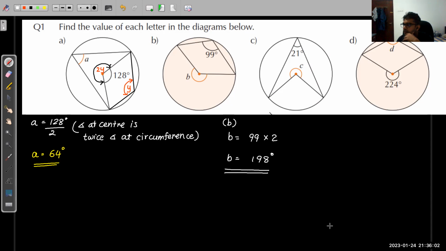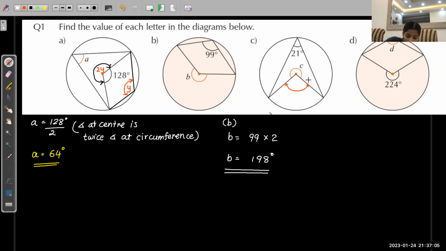So what about part C? Would it be 21? Normally if this is 21, what is the value of this one?